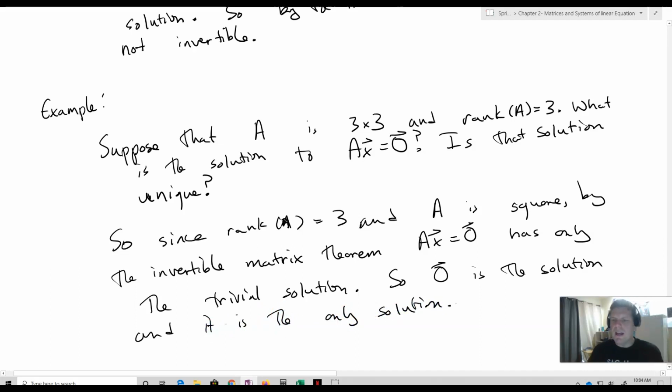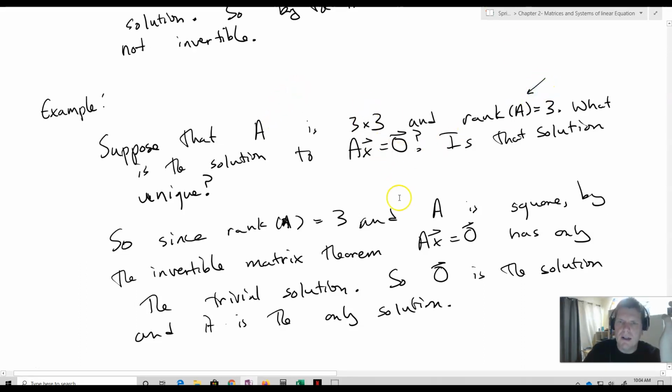And that's how we use this idea of equivalence, right? Notice in this one, I said that A is 3 by 3 and the rank of A is equal to 3. And I asked, what is the solution to Ax equals 0, and is that solution unique? Well, according to the invertible matrix theorem, I don't even need to say that A is invertible. I can if I want to, but I don't need to. What I need to say is that I'm going to have only the trivial solution, the only possible solution to Ax equals 0, since the rank of A is equal to 3.